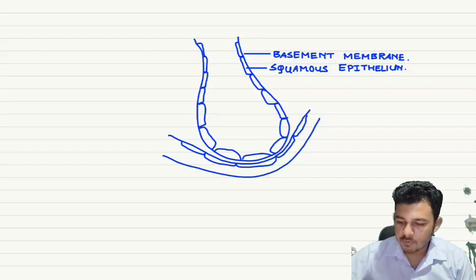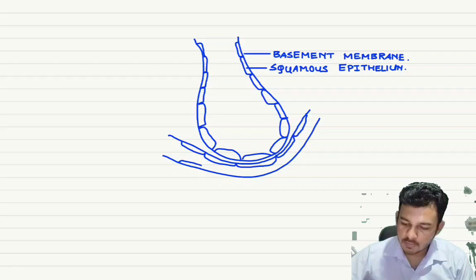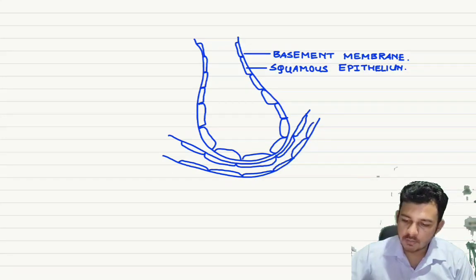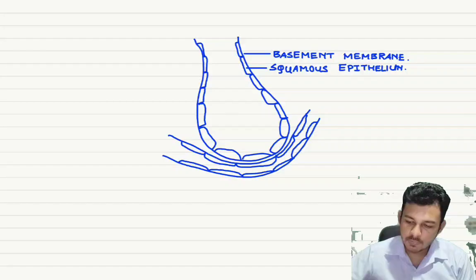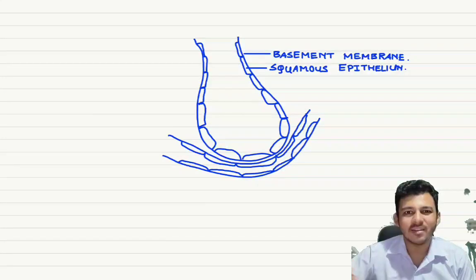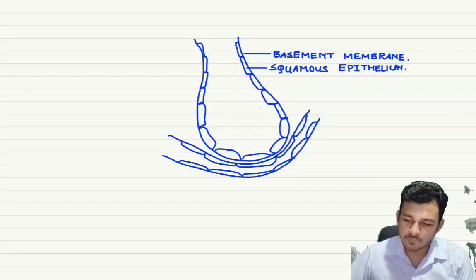These things you remember from the cut section of the veins and arteries that we had discussed earlier in the chapter of body fluids and circulation. So this consists of your endothelium, and this endothelium is again resting on the basement membrane of the pulmonary artery and then the pulmonary vein, of course.